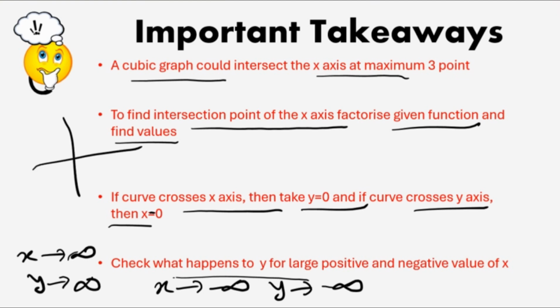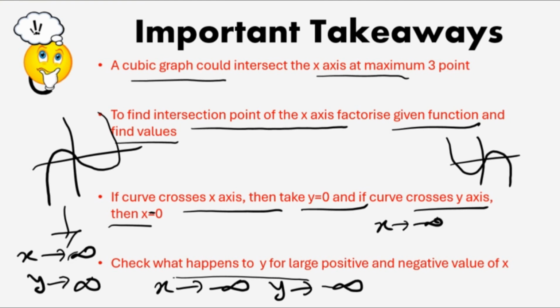For example, you have this graph, then we can write like this. Suppose you have this graph, right? This is the cubic graph. So for that the range is a little bit different. X tends to negative infinity, then y tends to positive infinity.